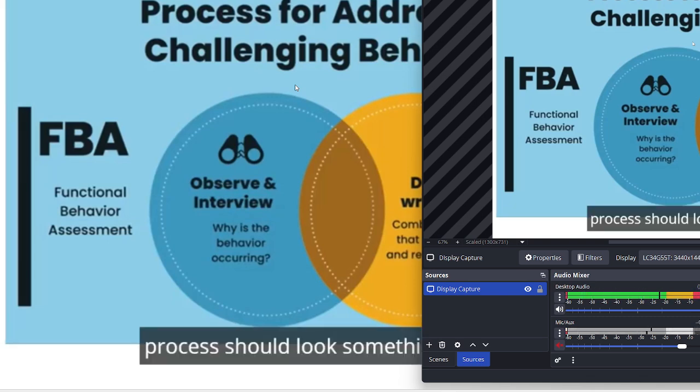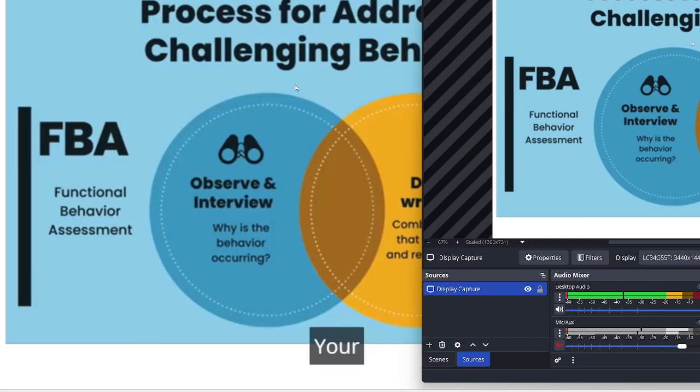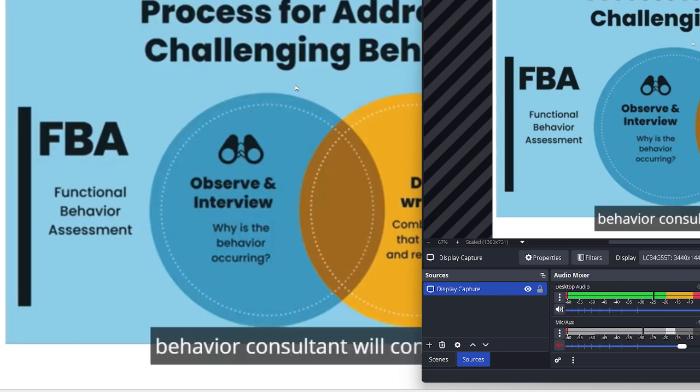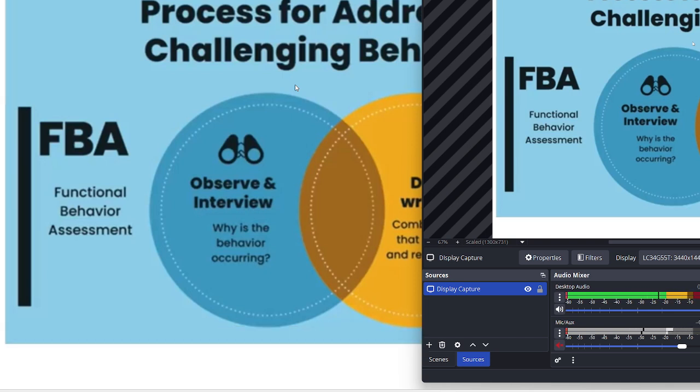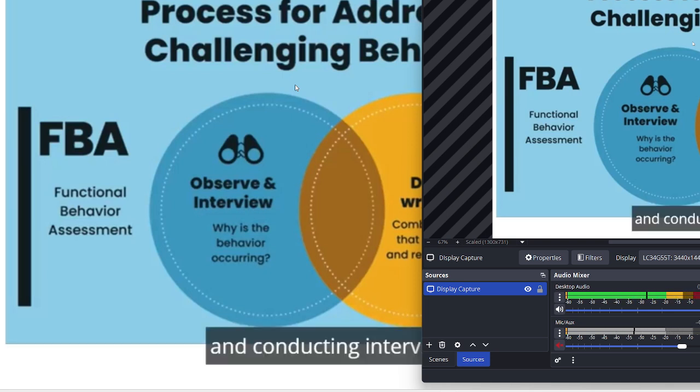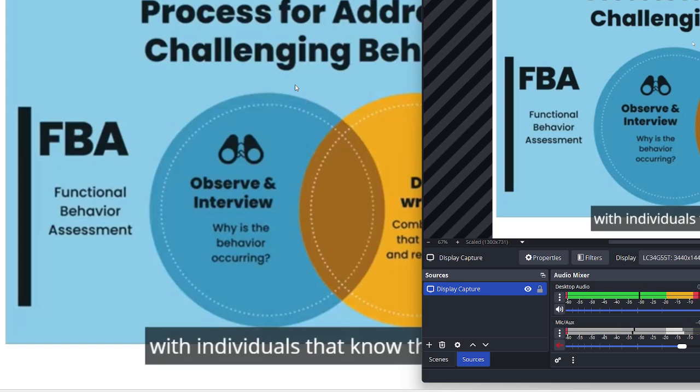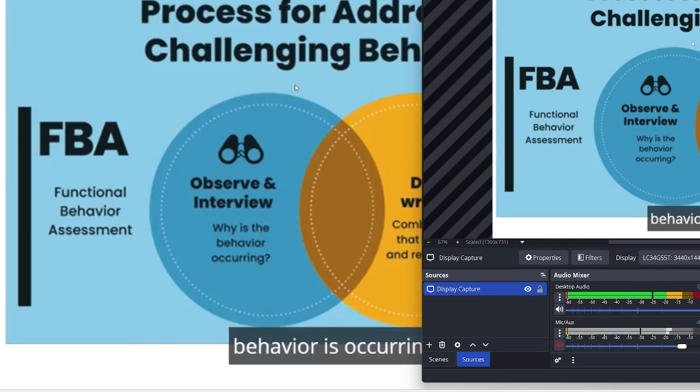The process should look something like this. Your behavior consultant will conduct their functional behavior assessment by doing observations and conducting interviews with individuals that know the resident well. This is done to try to determine why the behavior is occurring.